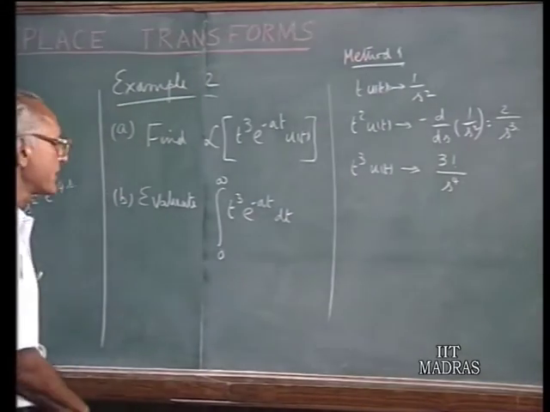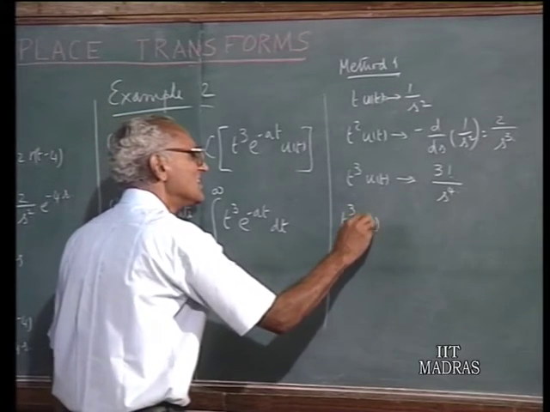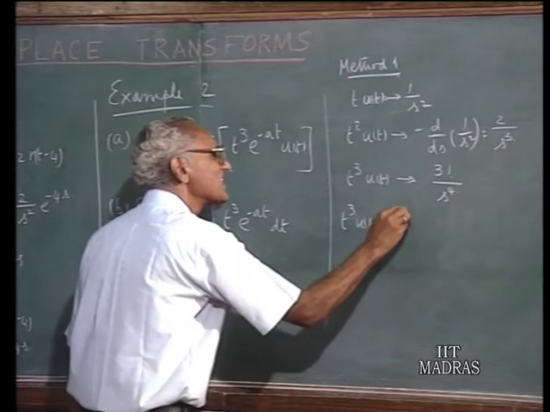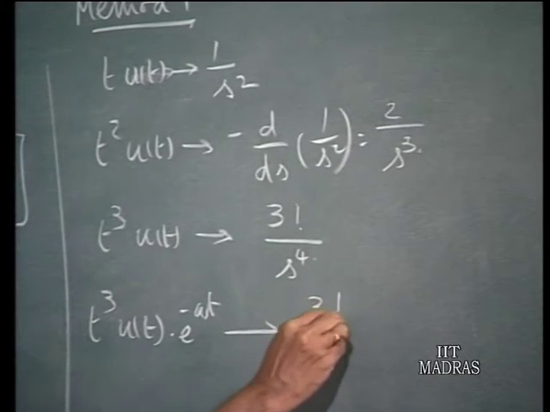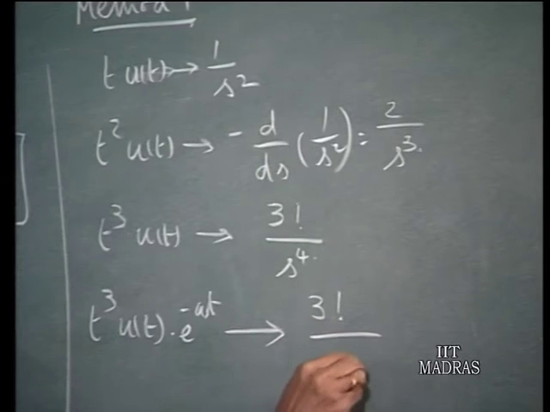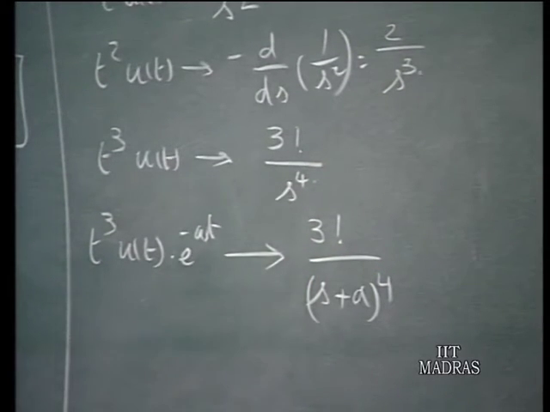This is something which we have already discussed. Therefore, t cubed u(t) multiplied by e to the power of minus a t has its Laplace transform obtained by substituting s plus a for s. So, this will be 3 factorial or 6 over s plus a to the power of 4.